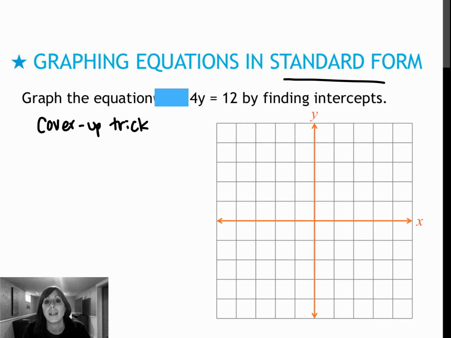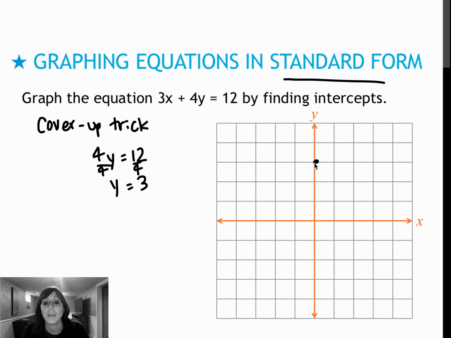When I do that, it's like me plugging in 0. So when I cover up the 3x, the only thing I can see is 4y equals 12. Then either mentally or algebraically, I can say, if 4 times y equals 12, y must be 3. That would be mentally. Algebraically, I would divide by 4 to get y equals 3.